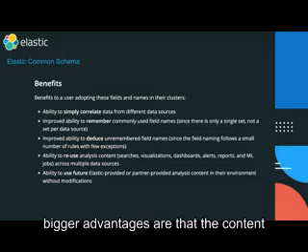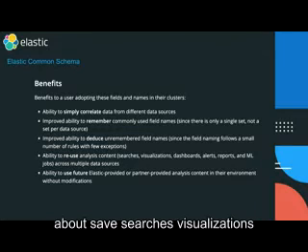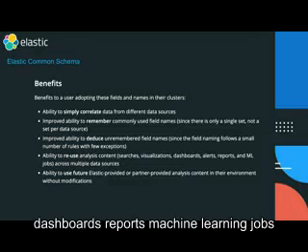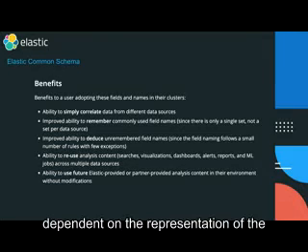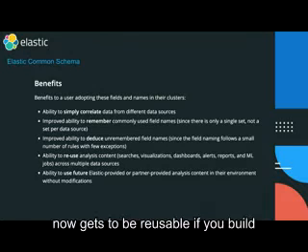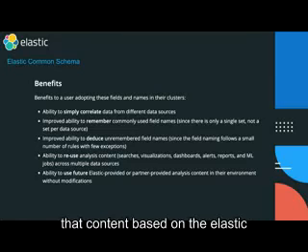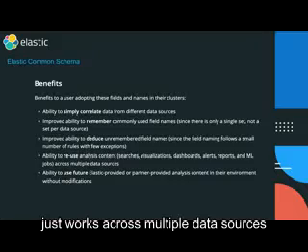And perhaps some of the bigger advantages are that the content that you deliver, by content, I'm talking about saved searches, visualizations, dashboards, reports, machine learning jobs, and alerts. All that content that is dependent on the representation of the data in the Elasticsearch indices now gets to be reusable. If you build that content based on the Elastic Common Schema field names, it now just works across multiple data sources.